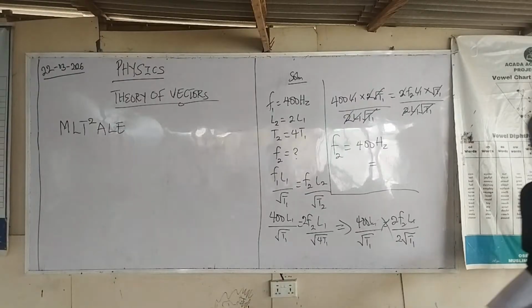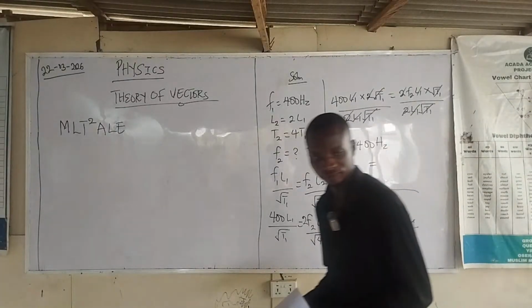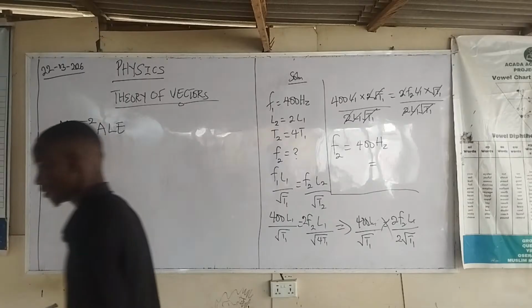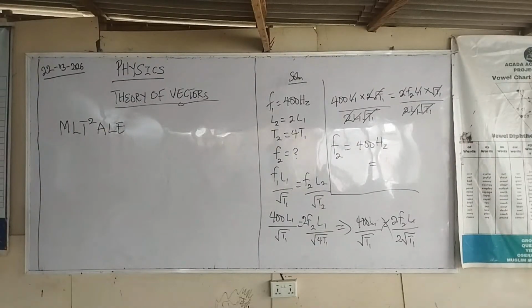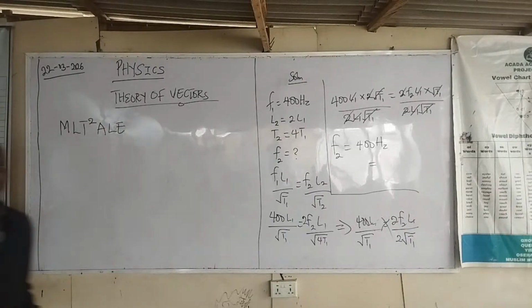In front of direction, put angle in brackets. Examples of vector quantities include displacement, velocity, acceleration.